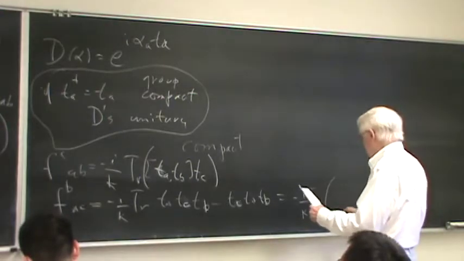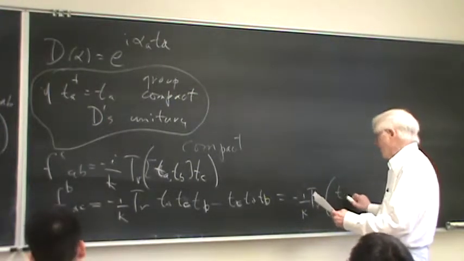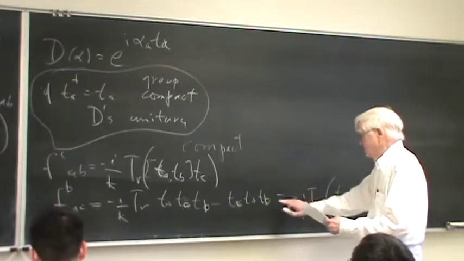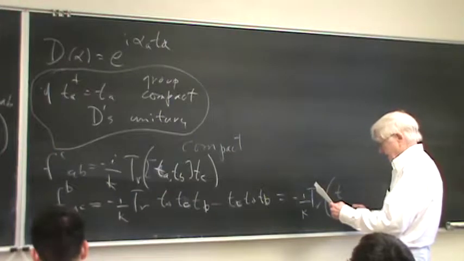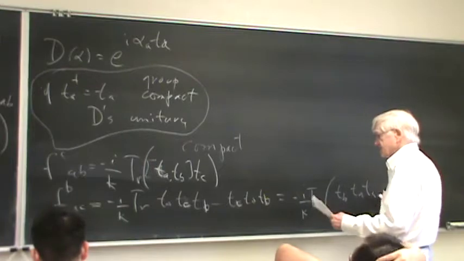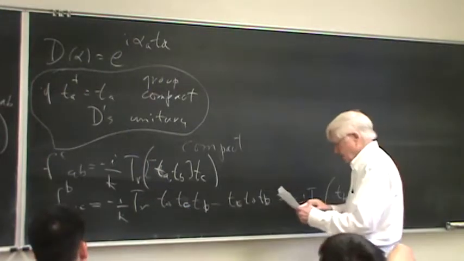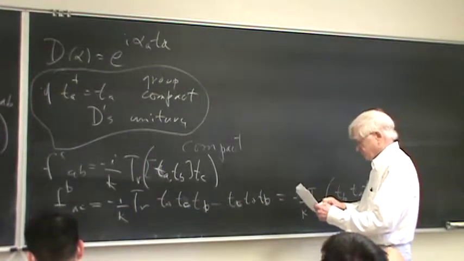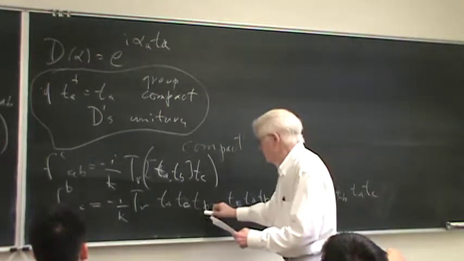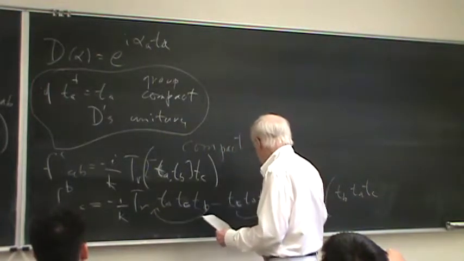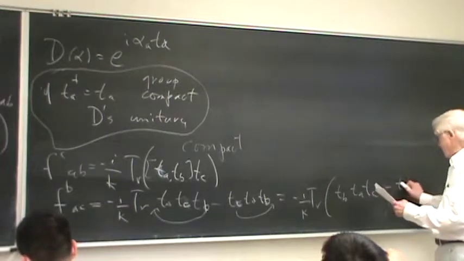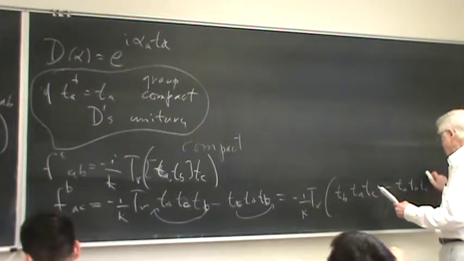And now one can rewrite that as T^A, T^C, T^B. Okay, that's what I wrote there. You can rewrite that as T^B, T^A, T^C, moving the T^B forward, and then moving the T^C backwards. So you take this guy and move him forward, and you take this guy and move him that way. And then you've got T^B, T^A, T^C minus T^A, T^B, T^C.